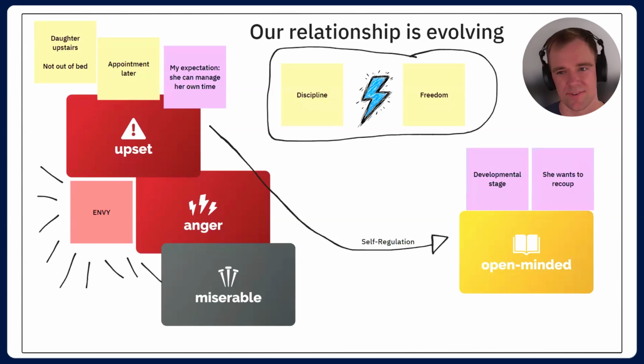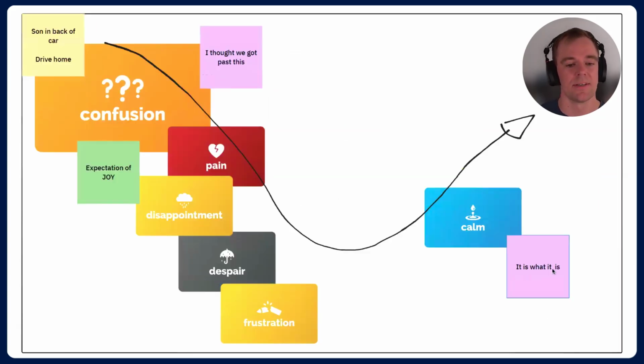She's a teenager, her brain's developing. She might need more sleep, just physiologically speaking. She wants to take her holidays how she wants to take them, right? And all these thoughts help you to calm down. Similar to what we had with David over here, where he says it is what it is. We could also go a bit deeper into this thought itself, but it's one that helps you to ground yourself, right?